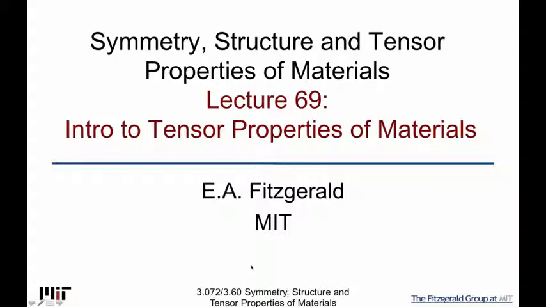We talked about how with the hardball model from ionic materials we can populate these crystals. And then finally here we're going to represent the overall macroscopic properties with tensors and talk about how symmetry affects them.